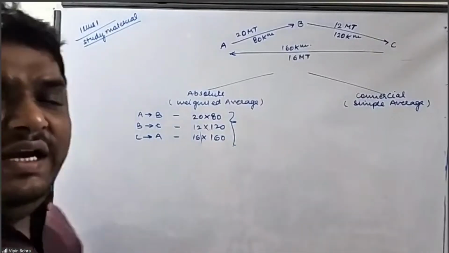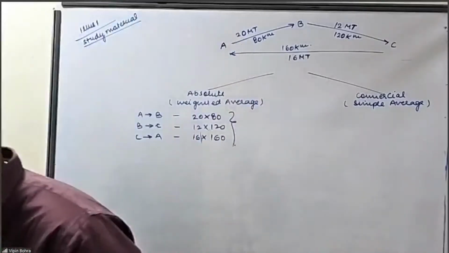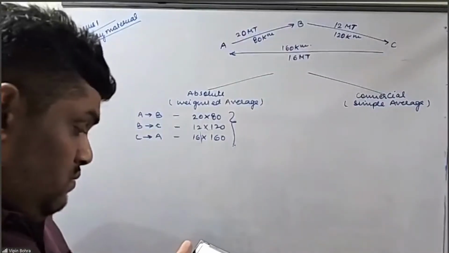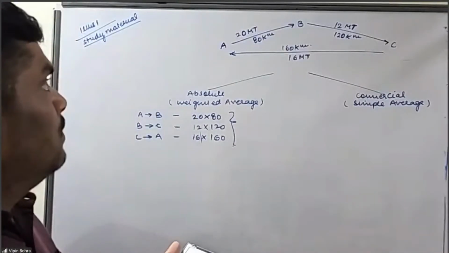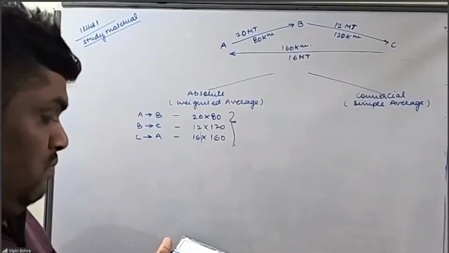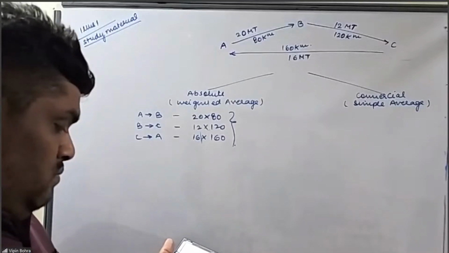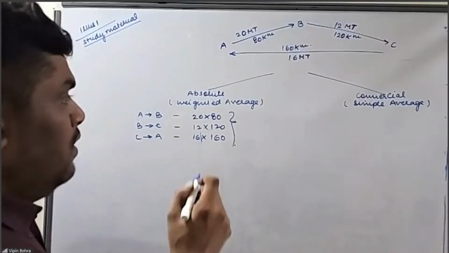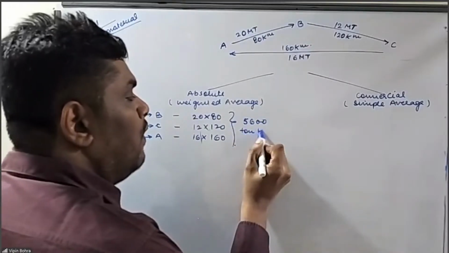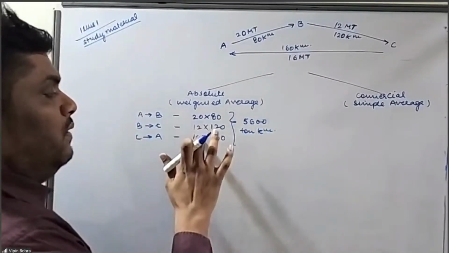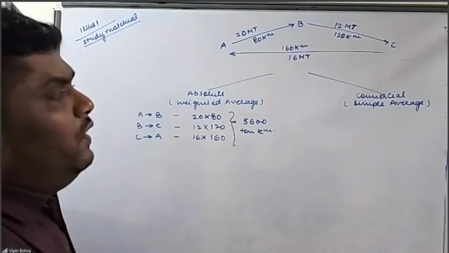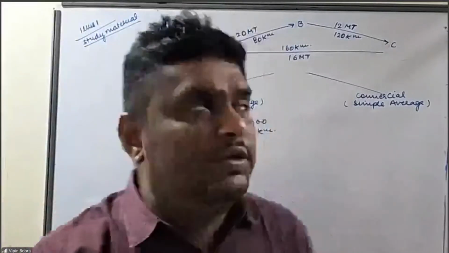So we will get the weighted average ton kilometers, 5,600 ton kilometer. So this is what we call as absolute ton kilometer, or we can say the weighted average approach.